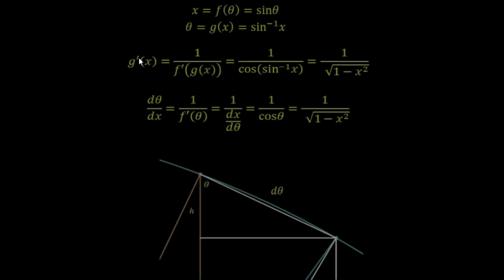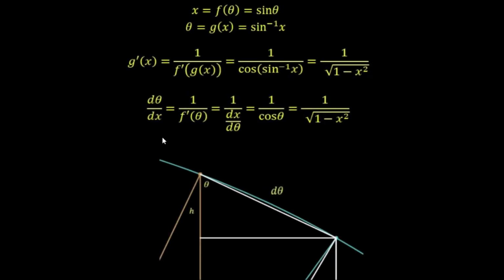Now we can rewrite this line here in this form, and in this form there's a direct relationship to our original geometric derivation of the derivative of the arcsine function. So the g derivative of x is nothing other than d theta by dx.